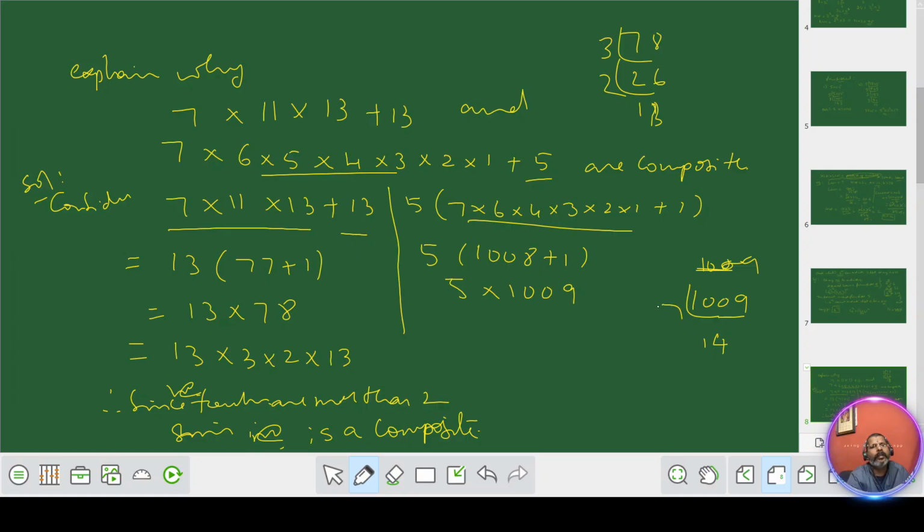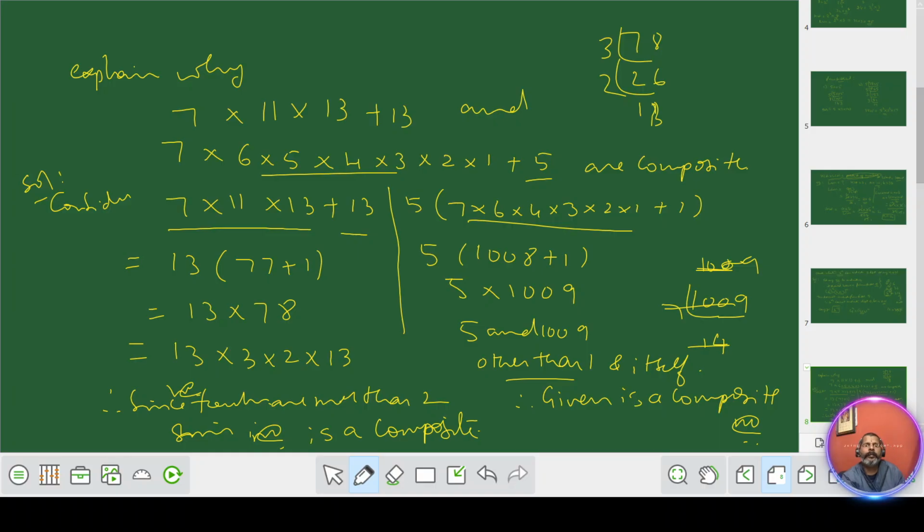No. Or otherwise we can write here that the given number has factors 5 and 1009, which are factors other than 1 and itself. A composite number is a number which has more than 2 factors is one definition. The other is, if it has factors other than 1 and itself, then also it's a composite number. That clause it will fall under. Therefore, the given number is a composite number.